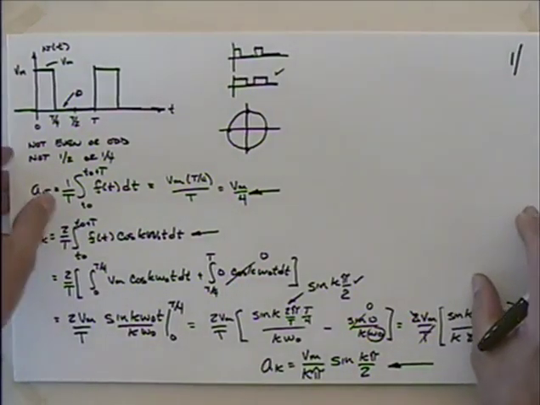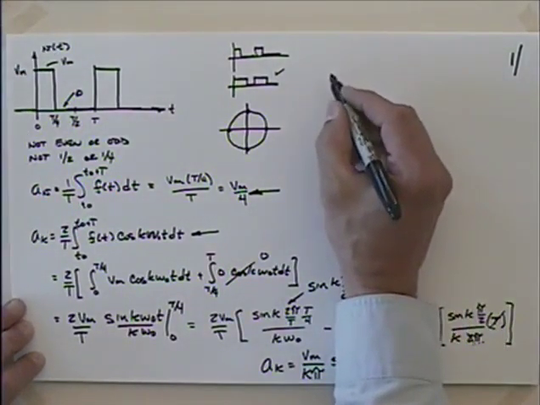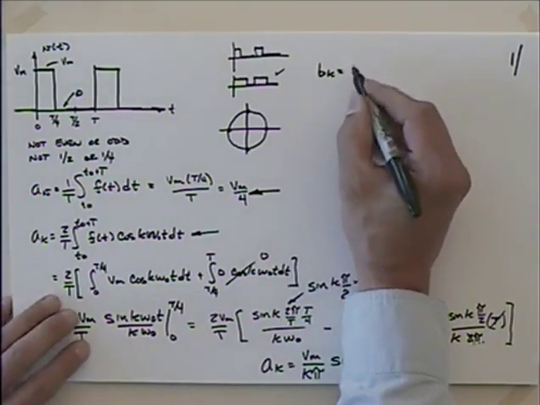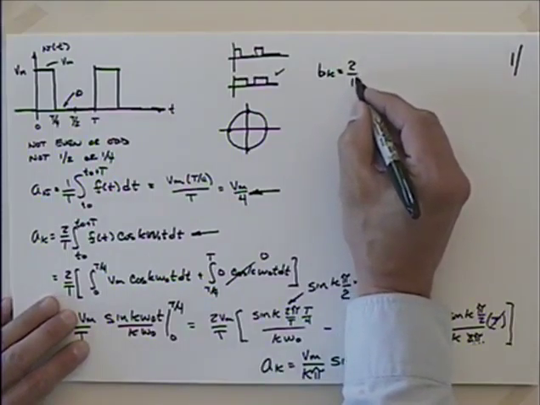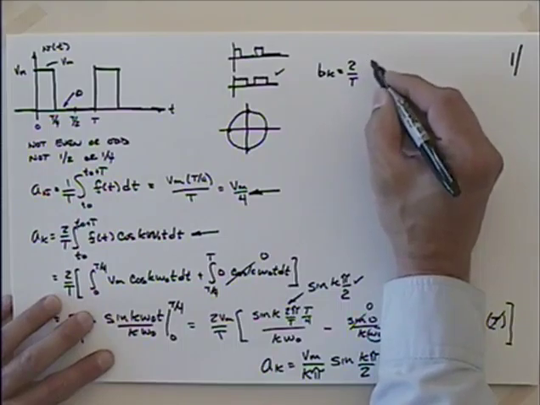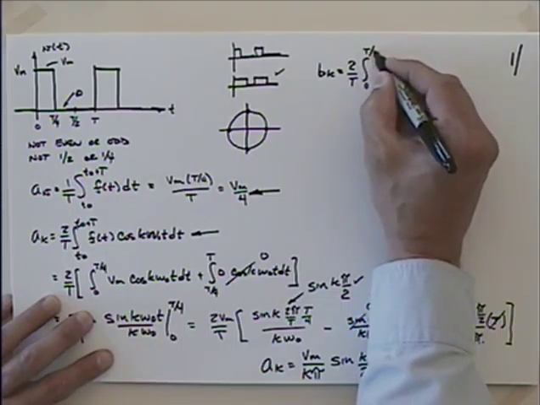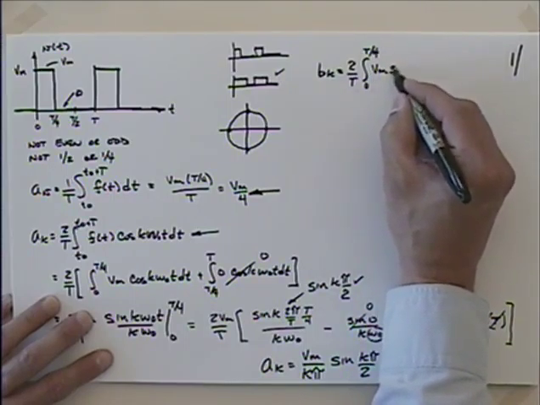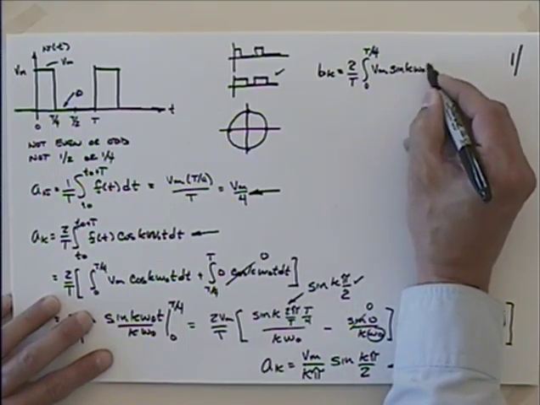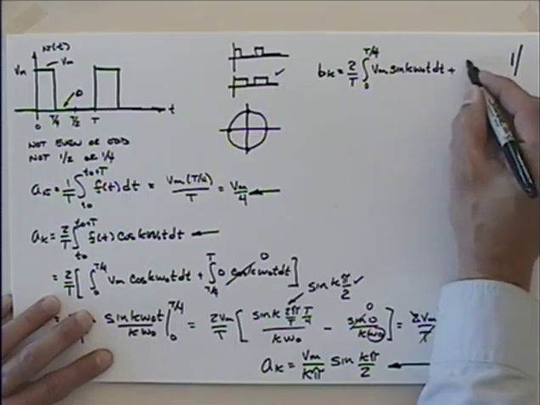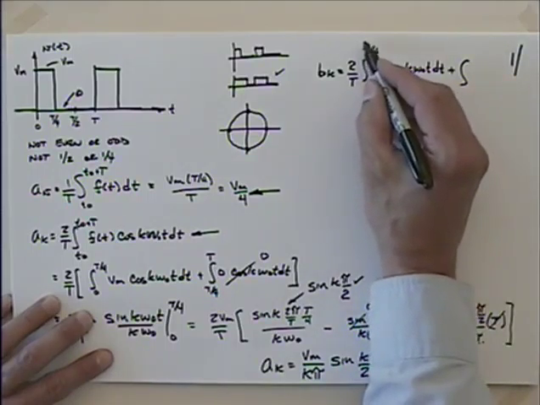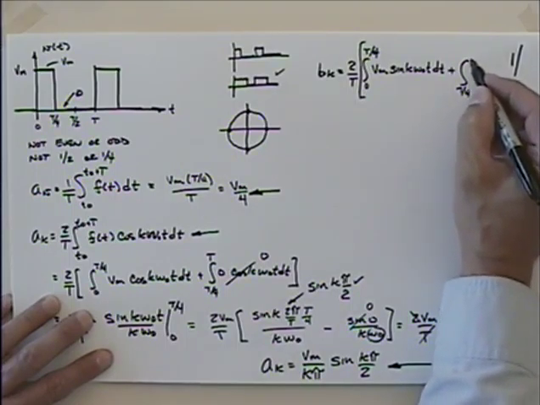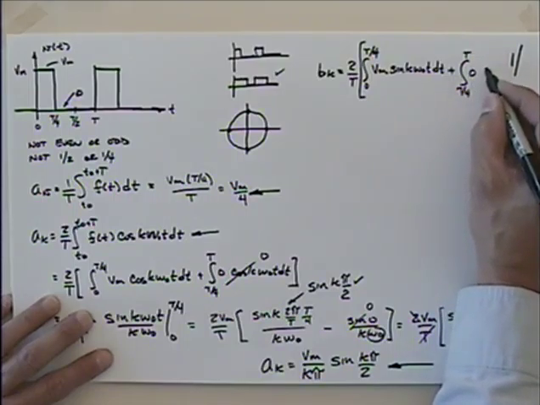We'll get to do it basically over again, a little different trig function. Looking at b sub k, we know that it is equal to, and again it's 2 over t, that's just the given from Fourier, the integral from 0 to t over 4 of Vm sine of k omega naught t dt, and then I'm going to add to this the square bracket, which will go from t over 4 to t of 0 dt.